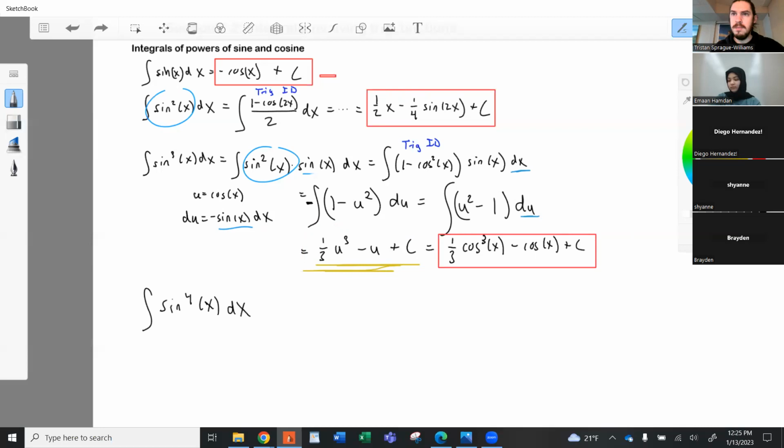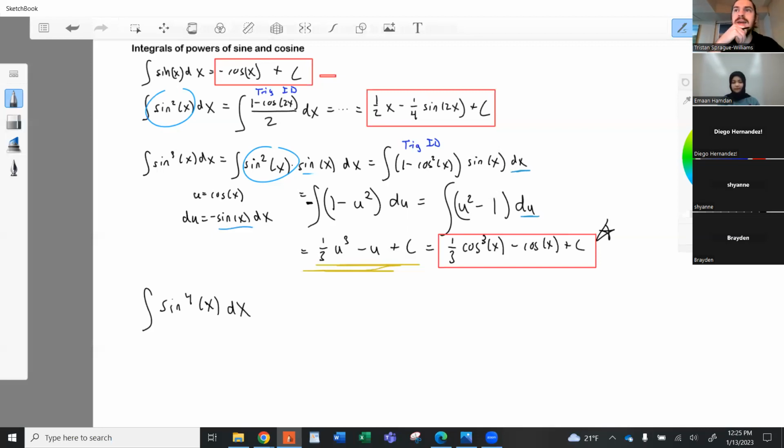Now, you might want to check what we've done by doing a derivative. If you take this answer and do a derivative, we should get something like 2 cosine squared plus sine.